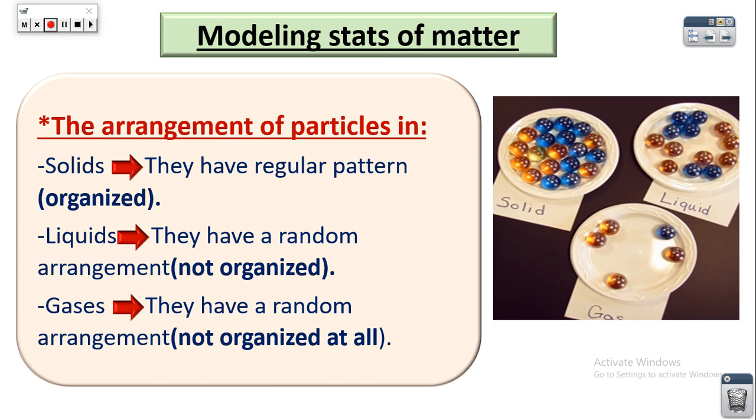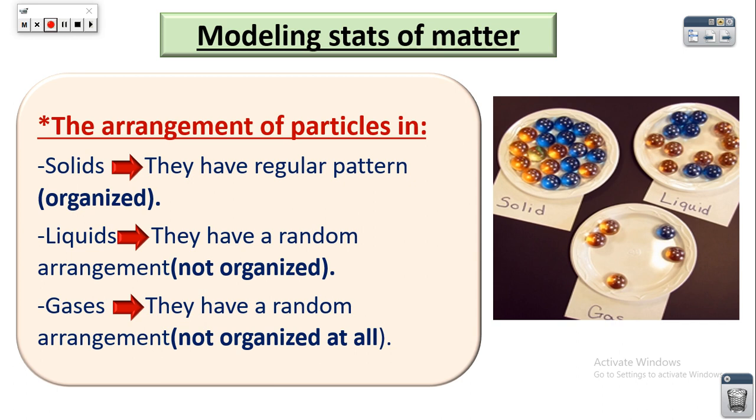Okay, in lesson number 3, we talked about particles and the properties of particles, and we talked about particles in solid, liquid and gas in three points: the space between them, the energy of the particles, and the motion of the particles. Now we will take the fourth property of the particles, which is the arrangement. The particles of solids are well organized because they are very close to each other.